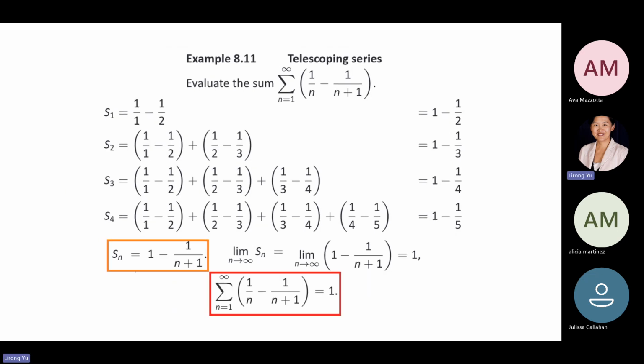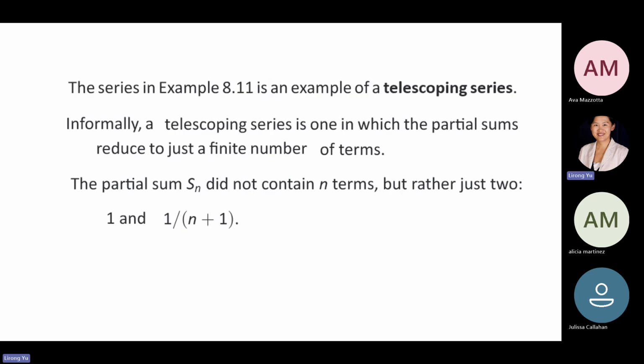Okay, so we have this infinite sum series. Actually, it's 1. This we give a special name. It's called a telescoping series. The series in this example is called a telescoping series. What is a telescoping series? A telescoping series is one in which the partial sum reduces to just a finite number of terms.